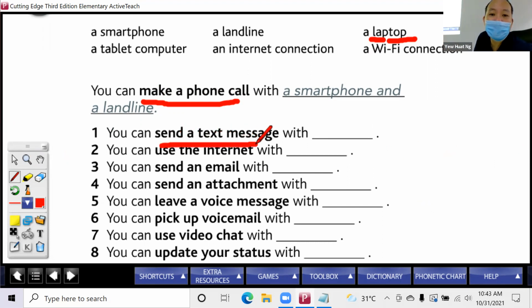Okay, this one. Send a text message. Can I make this sentence easier? Can I use less words for this sentence, but still have the same meaning?